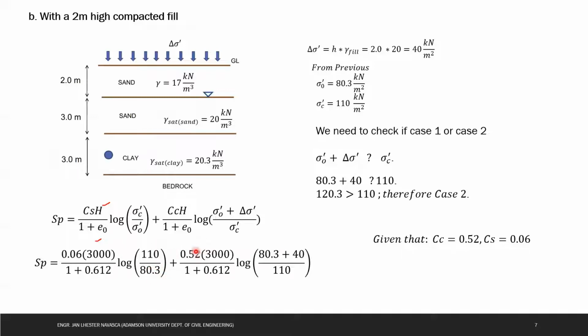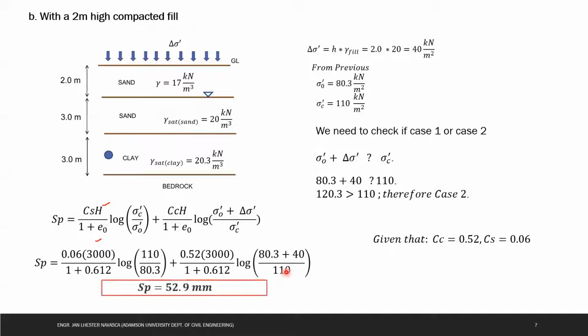Plus Cc, the compression index, multiplied by the thickness of the clay over 1 plus e sub 0, then multiplied by the logarithm of the sum of the overburden stress and the induced pressure divided by the pre-consolidation pressure.